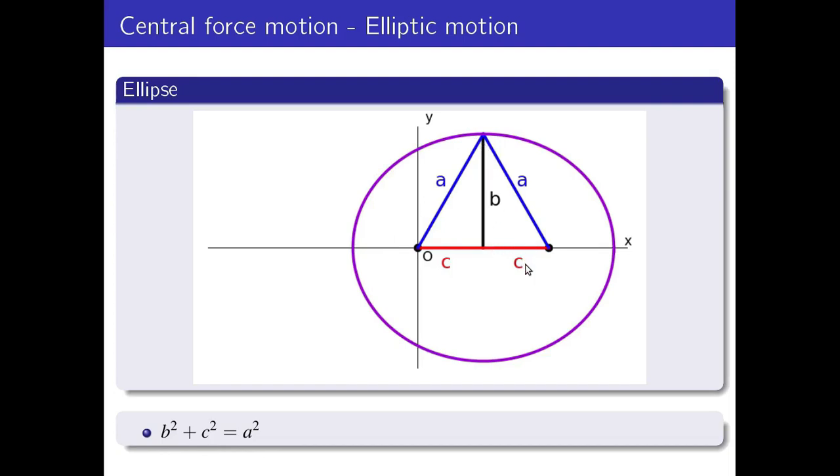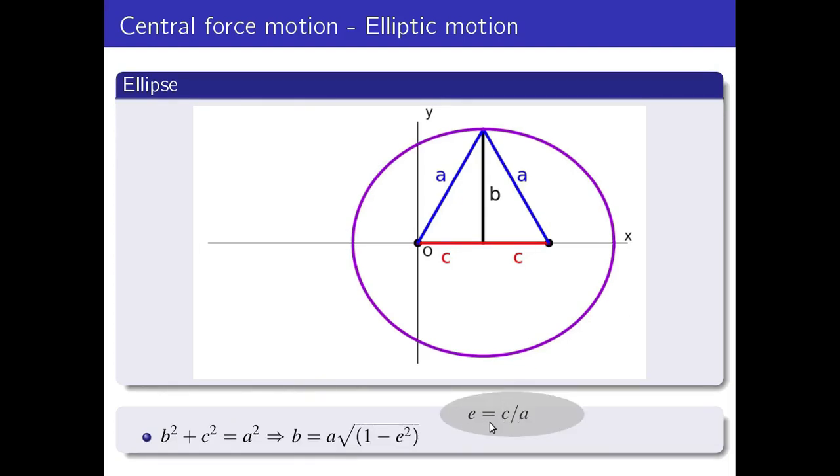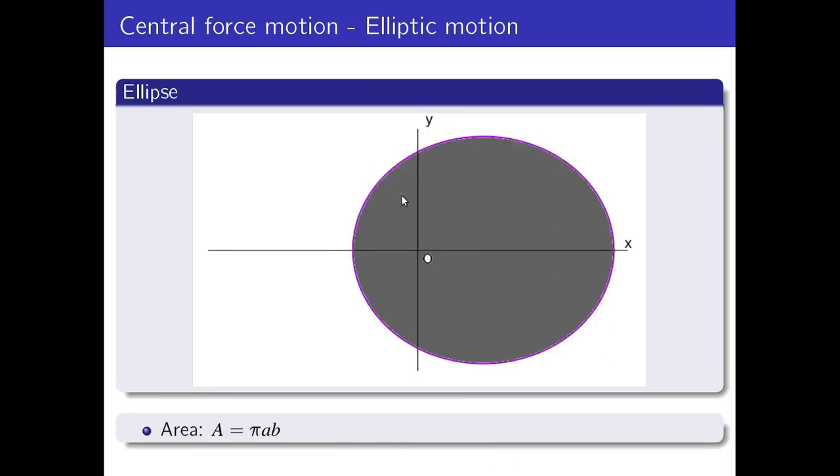Then b square plus c square is equal to a square. And by using eccentricity is equal to c over a, b can be obtained as a times square root of 1 minus e square. And the area of the ellipse is equal to pi times a b.